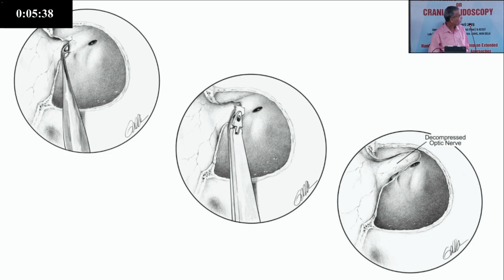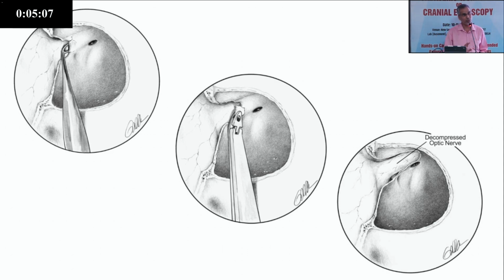And you have to expose till the nerve starts turning medially. That is the area where the optic nerve turns into the optic chiasma, right? And expose it about at least 180 degrees, right? Don't pull anything. You break it into small pieces and take them out, because at times the carotid artery is only covered by the mucosa.